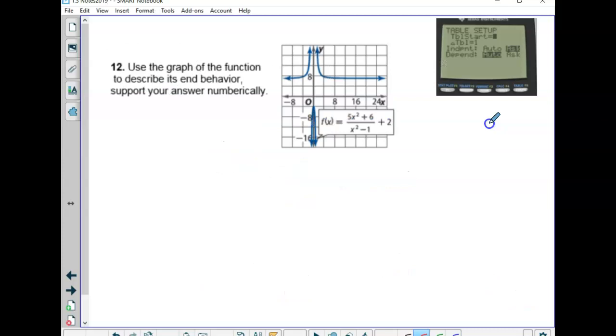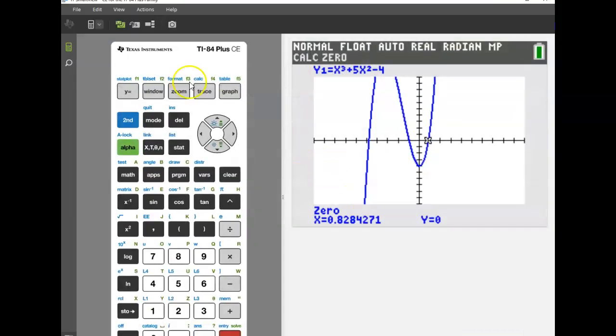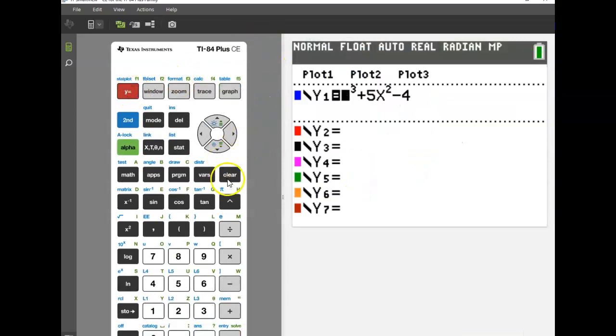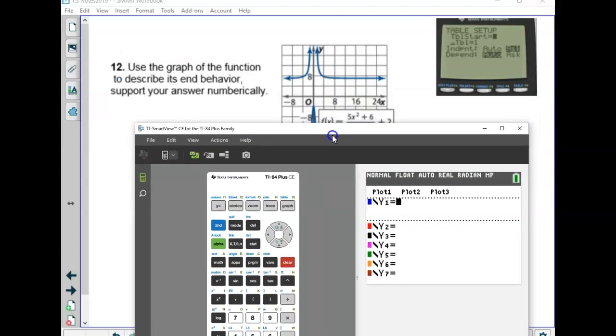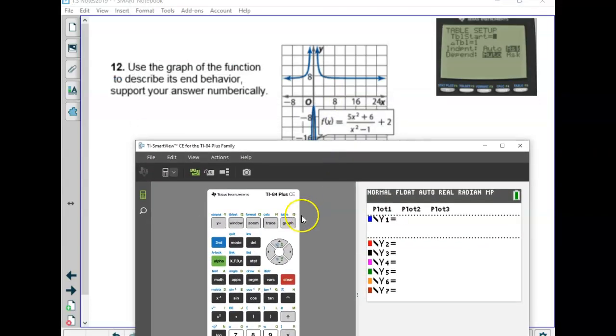All right. Use the graph at the right to describe the end behavior. Support your answer numerically. I want to do this one on my calculator because I want to see if we can type that correctly. How should I type that? So what do I put first?